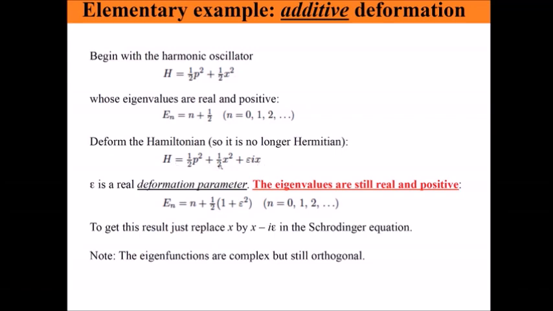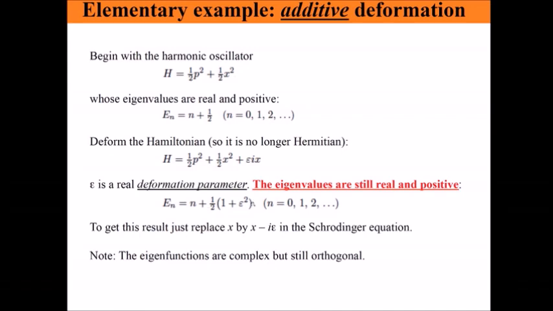In fact, the eigenvalues of this Hamiltonian are given by this formula, and you notice that the eigenvalues are still real and positive. So we begin with one unique Hermitian Hamiltonian, and now we have an infinite number of non-Hermitian Hamiltonians, but they all have real positive eigenvalues. Okay, and if you want to prove this, it's easy. All you have to do is write down the Schrödinger equation for this Hamiltonian and replace x by x minus i times epsilon, and you're done.